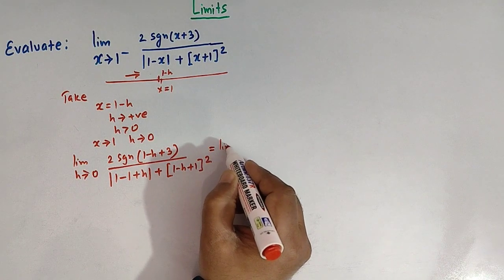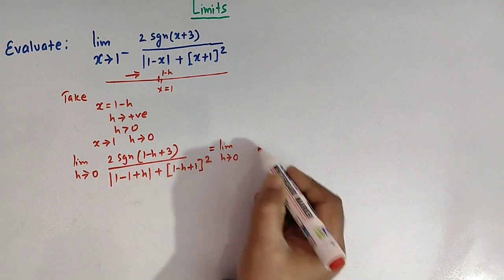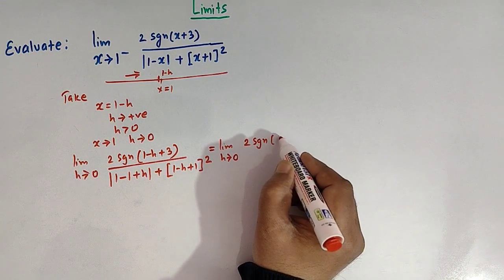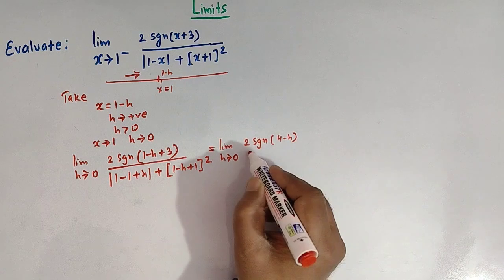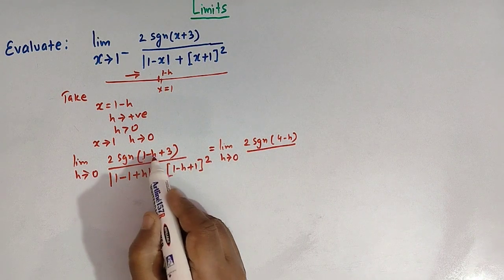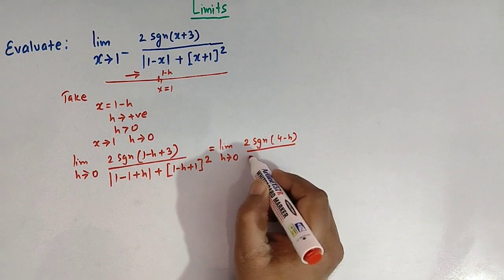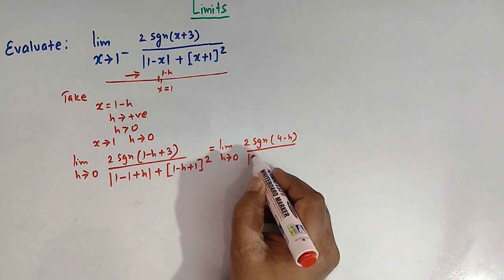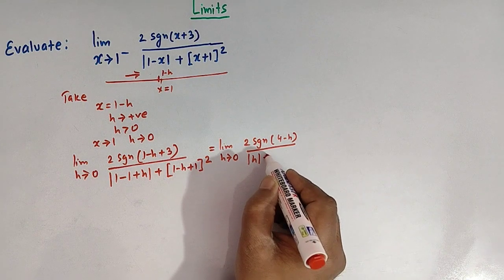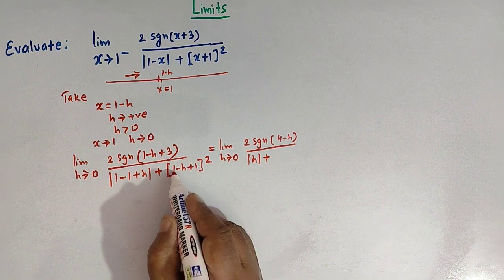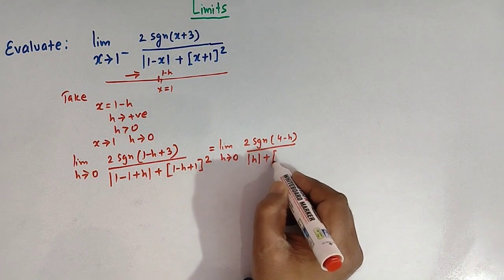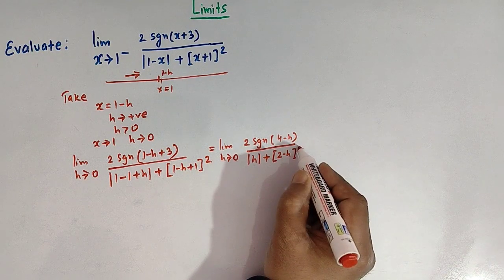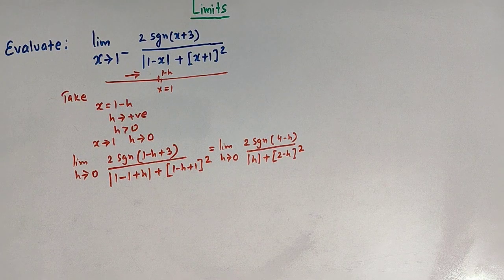So we have limit h tends to 0 of 2 times signum of 4 minus h, since 3 plus 1 is 4. Then 1 and 1 get cancelled, so we are left with mod of h, and here we have 1 plus 1 is 2, so we have the square of the greatest integer of 2 minus h.